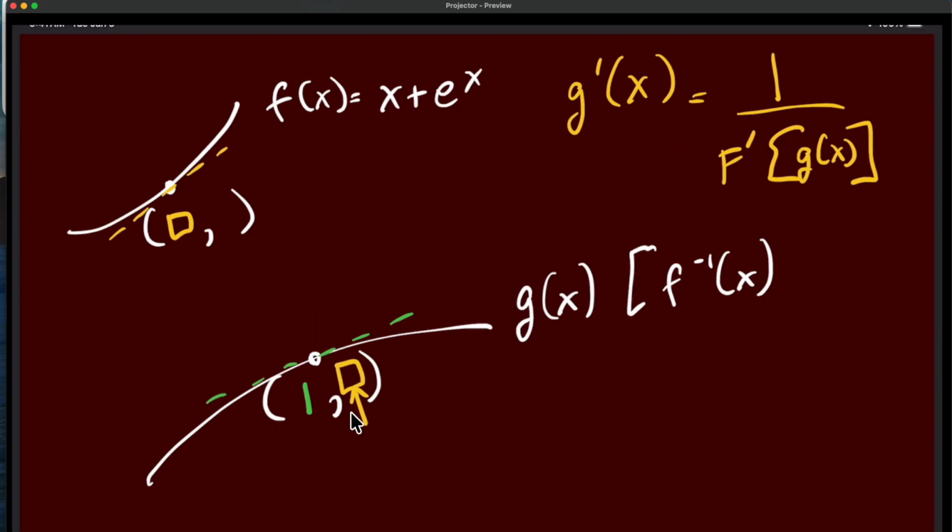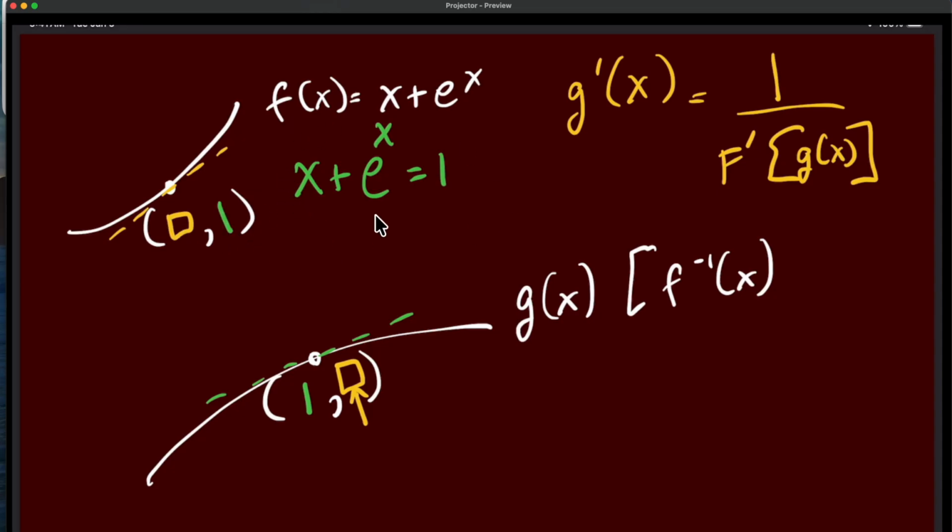Okay, how do we get that? Well, we utilize the fact that if 1 is the input on g, then 1 is the output on f. So we have to set f, which is x plus e to the x, to this output. We need to determine what x value, when we plug into f, yields 1 as an output.